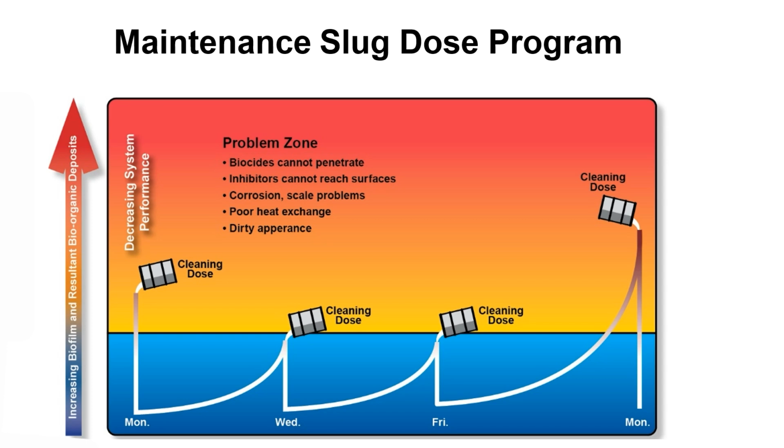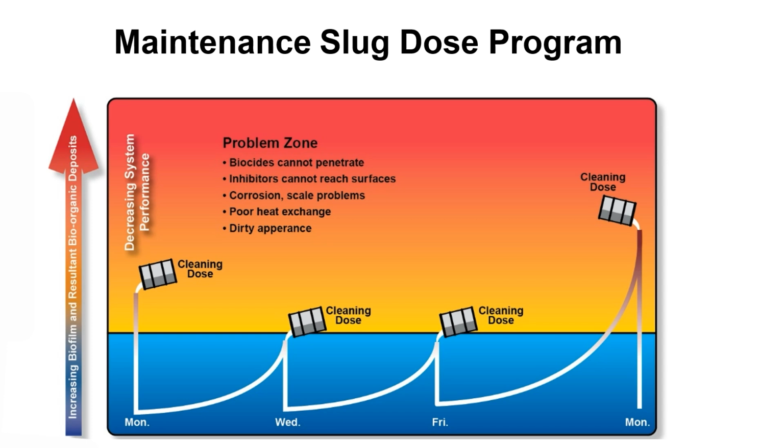Over the period of a day, those deposits start to grow back. On Friday, another dose is administered. Over the weekend, there's an extra day, and so the deposits become thick enough to start causing more of those operational problems we've talked about in an earlier slide. But then again, on Monday, a dose is administered and the system is cleaned again.